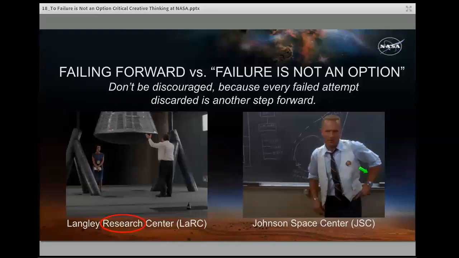Now we have places like Kennedy Space Center where we're launching the astronauts, or Johnson Space Center where we're training the astronauts and running mission control, watching over the astronauts while they're up on the International Space Station. Obviously, in a launch situation or having the astronauts in orbit, failure really isn't an option. We don't want that on the table.